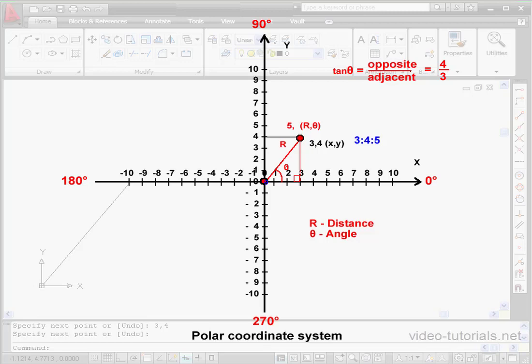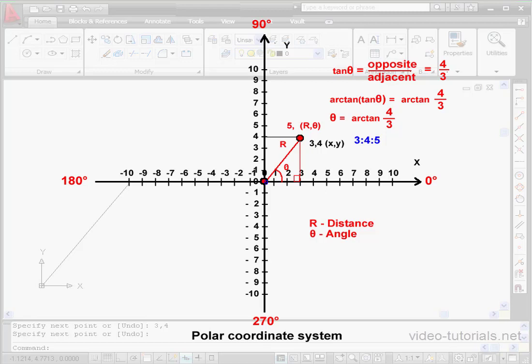The tangent of the angle equals the opposite over the adjacent, or 4/3. In order to find the value of theta, we can use an inverse tangent of both sides. One equation would look like this. Arctangent of tangent theta equals arctangent of 4/3. From here we have that theta equals the arctangent of 4/3.